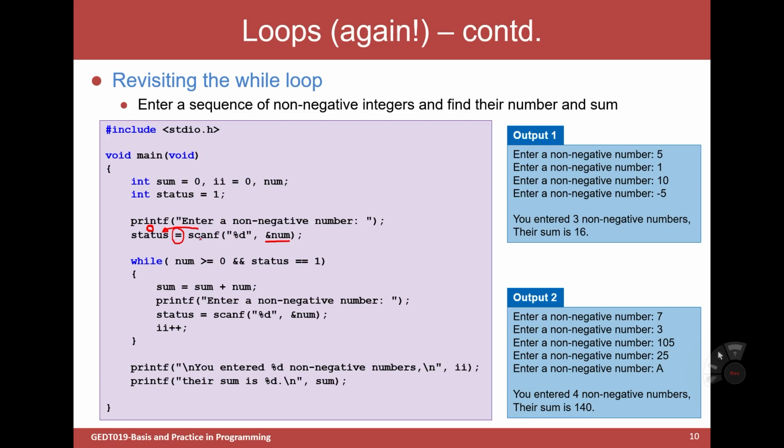So if you insert a correct input, that means a digit, scanf will generate 1, and if you insert a wrong input, it will generate 0. Because I say equal here, that generated value will go to the status. This is the meaning of this one.